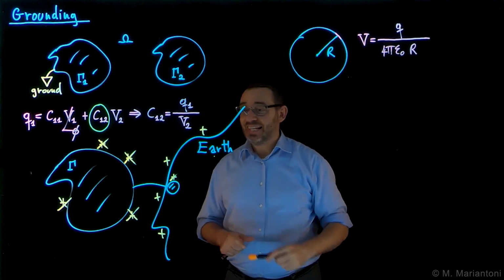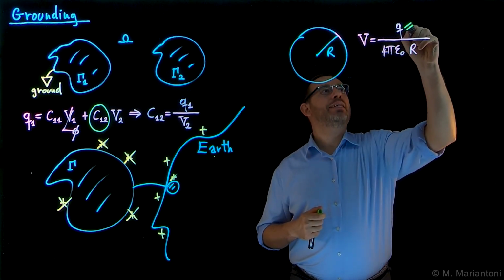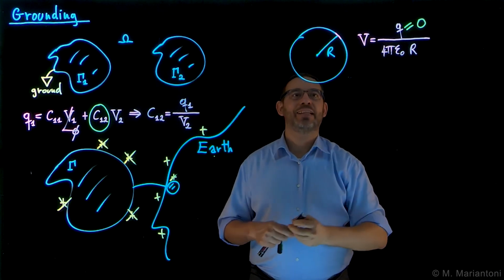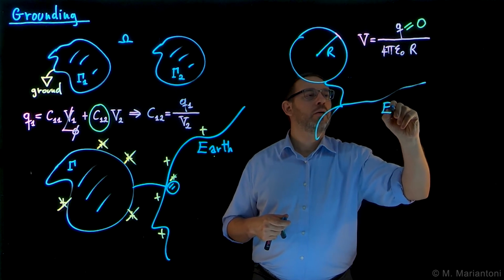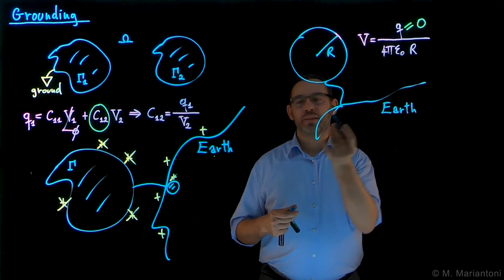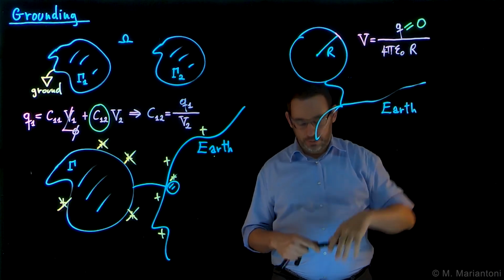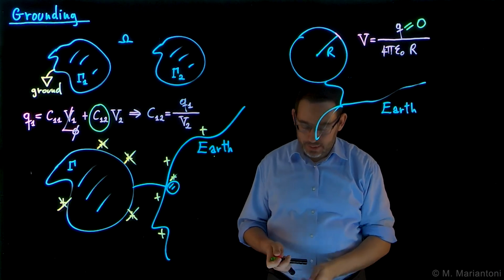Now, if we set our Q to be exactly equal to zero, how do we set that? By connecting this object to the Earth. The Earth gets all the charges: whatever charge you put, after reaching equilibrium, it goes all onto the Earth, so it's gone from there. Obviously, the electrostatic potential then also happens to be exactly equal to zero.